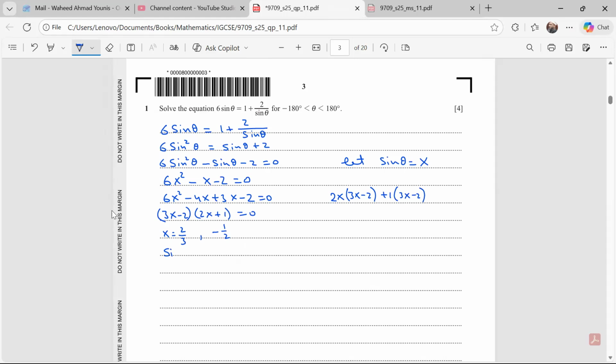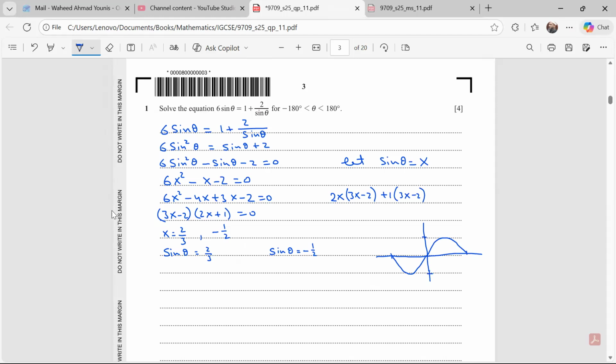So sine theta equals 2 by 3, and sine theta equals minus 1 by 2. Remember, the graph of sine x from minus 180 to plus 180 is something like this. This is minus 180, this is plus 180, this is plus 1, and this is minus 1.